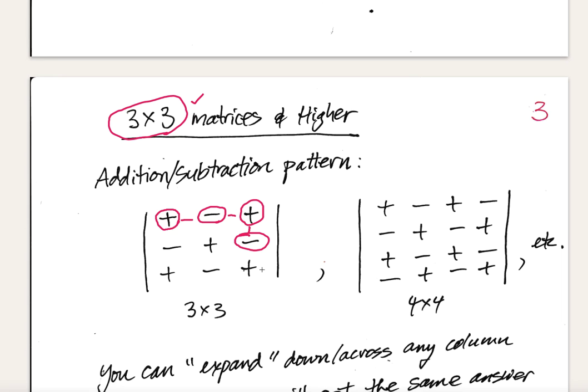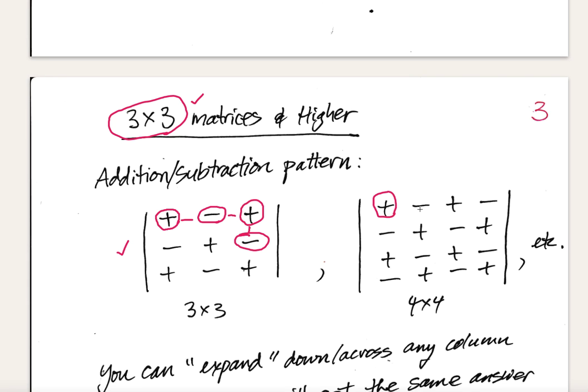I'm not going to do anything with those right now, but in computing our determinants for 3 by 3 matrices, this becomes important here. Now, the same type of pattern holds for higher dimensions. It actually holds for 2 by 2 matrices also, by the way. I'll show you that in a minute, though. Same type of pattern. Start in the upper left-hand corner.